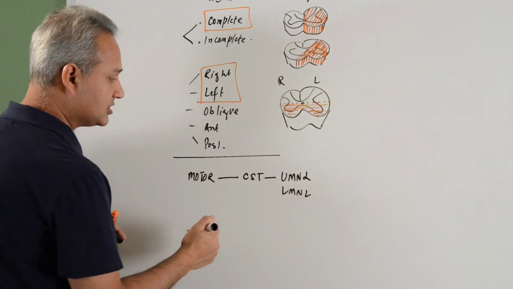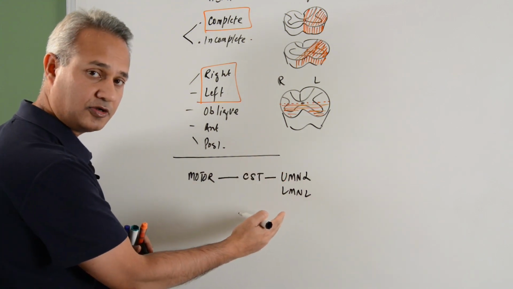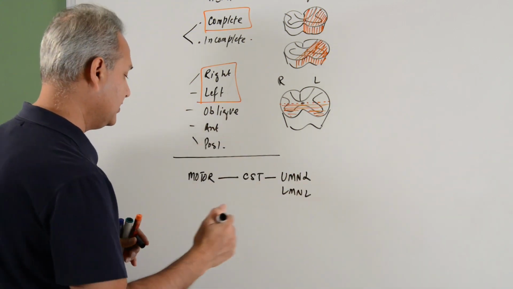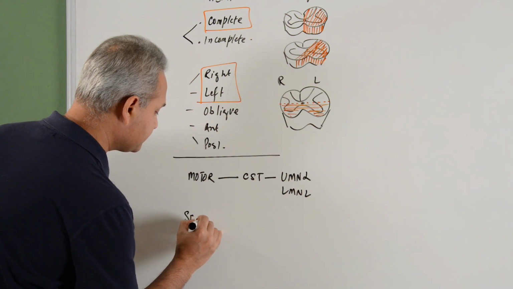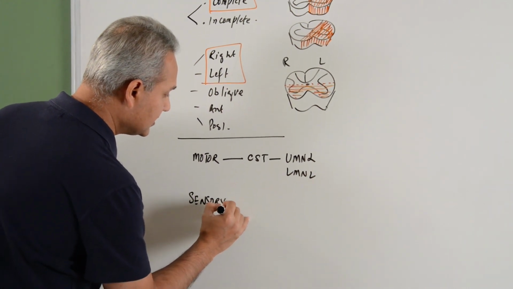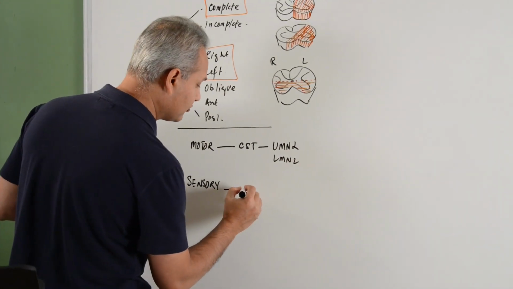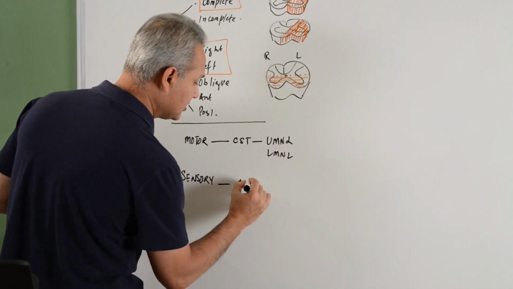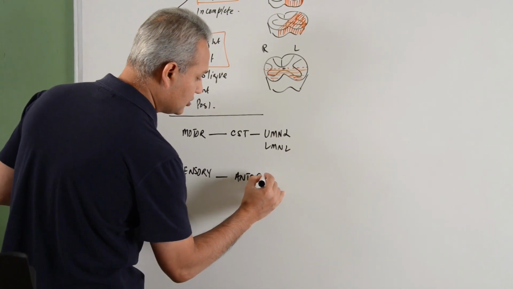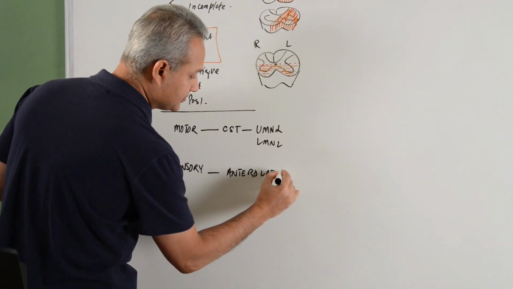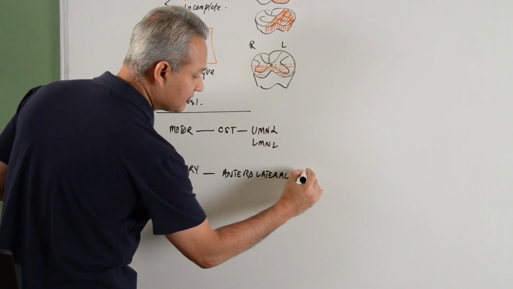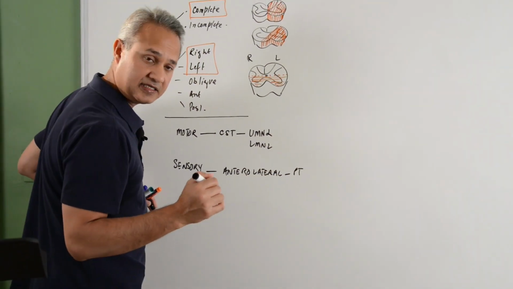So that is on the motor side, upper motor neurons and the lower motor neuron, same side or the other side. Then on the sensory tracts, you would see two types of sensory tract. Ascending tract, of course, that is the anterolateral, or the tract for pain and temperature.